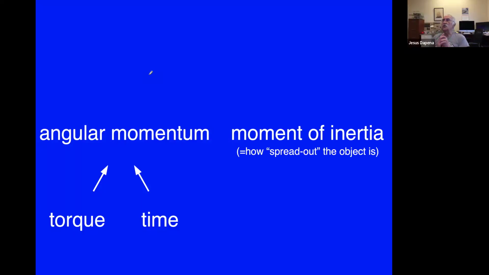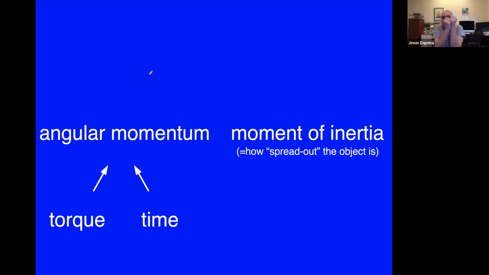And the moment of inertia describes how spread out an object or a person is with respect to the axis of rotation. So we're talking about rotation about a vertical axis. If I'm like this, my arms are far from the center axis of rotation, so I have a big moment of inertia.